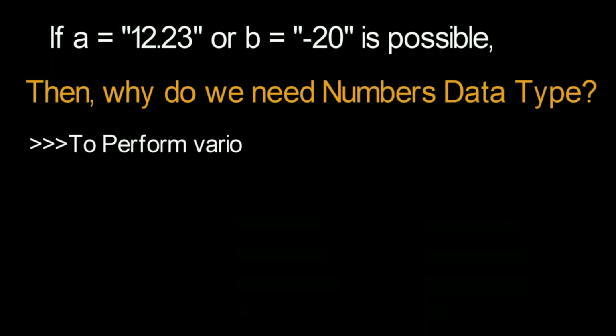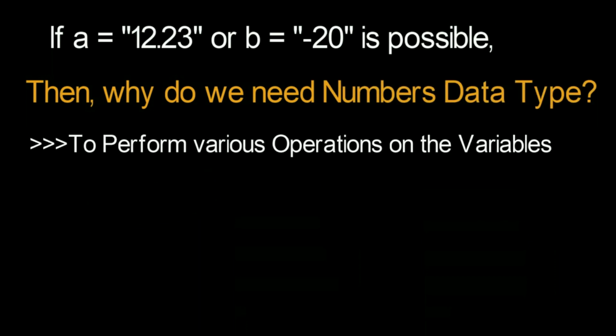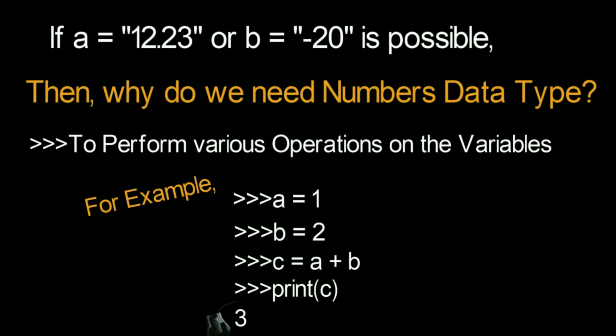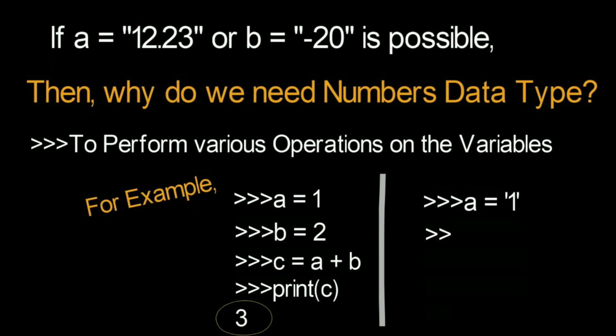That is used to perform various operations on the variables. For example, when we give a is equal to 1 and b is equal to 2, then c we give as a plus b. Now print c. It will give the output as 3. Now if we take a is equal to 1 inside single quotes and b equal to 2 inside single quotes, which makes them string variables.